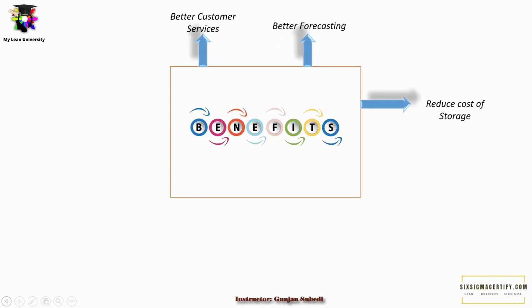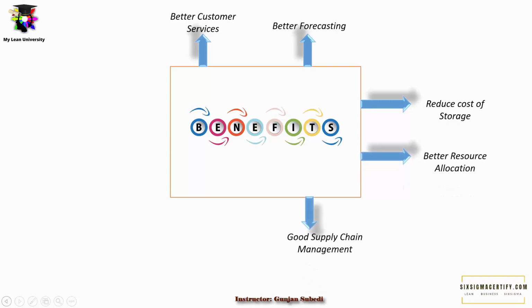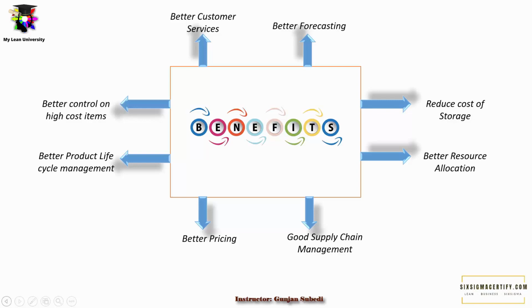We can reduce the cost of storage, because with correct ABC analysis based on whether the stock falls in the A, B, or C category, you can reduce the inventory carrying cost that comes with holding excess inventory. We can have better resource allocation, good supply chain management, better pricing, better product life cycle management, and better control on high-cost items.